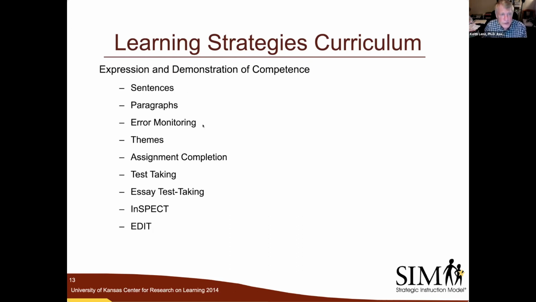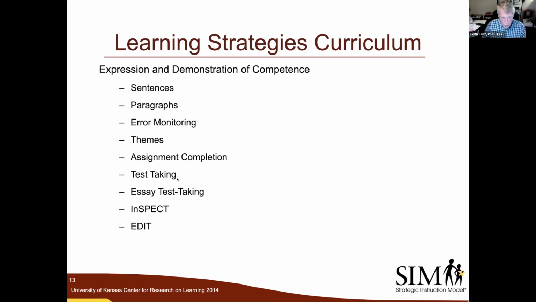Sentences, paragraphs, error monitoring after you've written a piece, themes, assignment completion, taking a test, essay test taking, inspect, which is looking for errors, and then spelling errors, and then an edit strategy for editing your work.